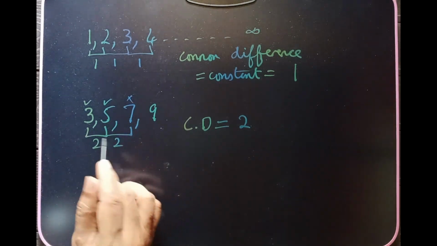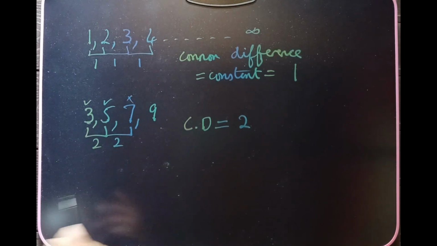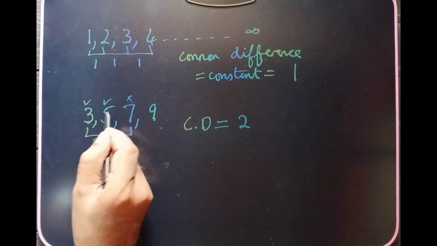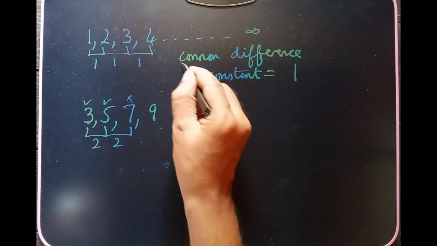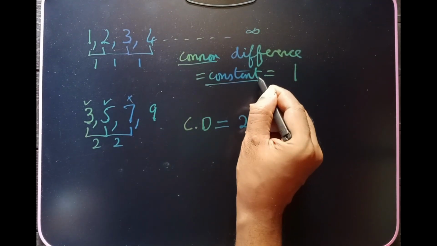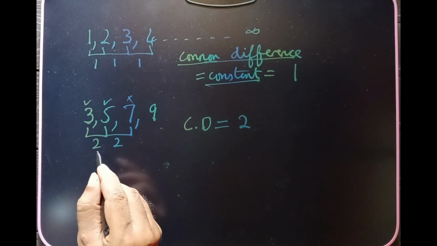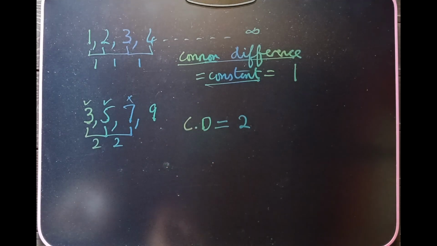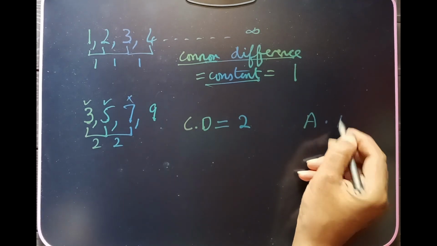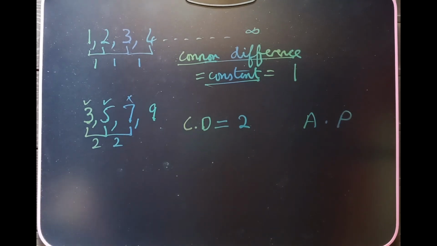In this sequence, this and this are successive. So if the difference between two successive numbers is a constant common difference, then it is in arithmetic progression.